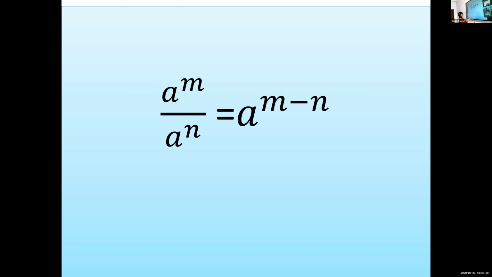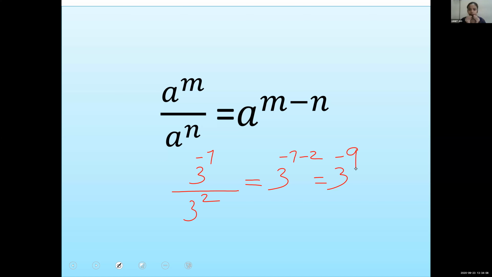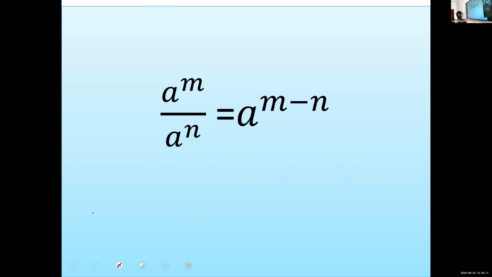So Lynette, 3 raised to negative 7 divided by 3 raised to 2 is equal to what? 3 raised to negative 7 minus 2, equal to 3 raised to negative 9. So read the law once again, Lynette. a raised to m by a raised to n is equal to a raised to m minus n.